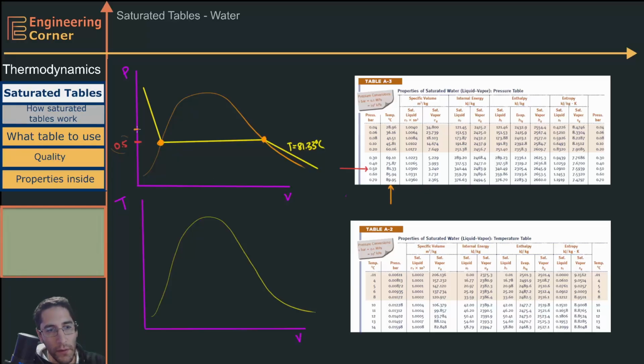So if I went up a little bit and I said this was 0.7 bar, well, I'd have a different isobar, and at 0.7 bar I would know inside the vapor dome that the temperature would be 89.95. So that would be from this point to this point along this line.